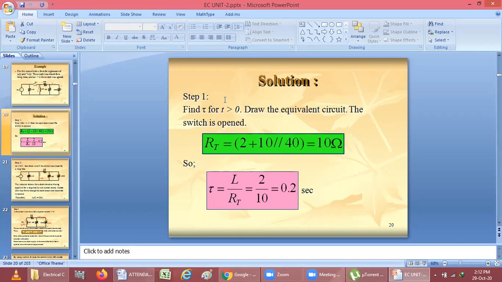For RC circuit, the equation for time constant is τ equal to RC, और RL के लिए इक्वेशन क्या है, τ equal to L by R. And if there is more than one resistor, at that time we have to calculate the total resistance. So the equation becomes τ equal to L upon R_T, and this is the total resistance.